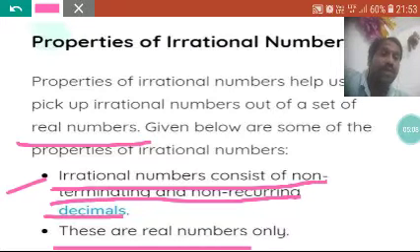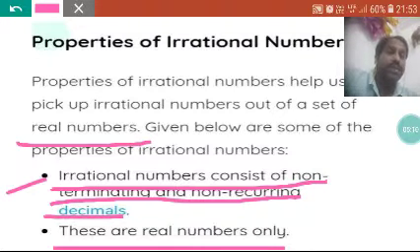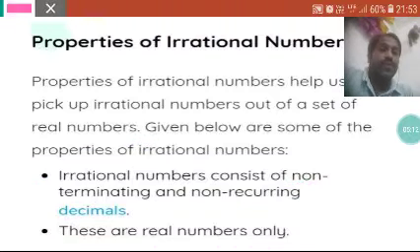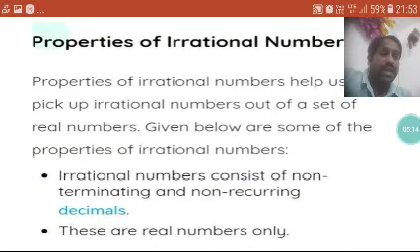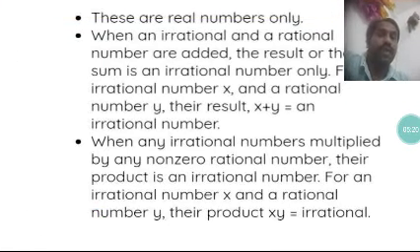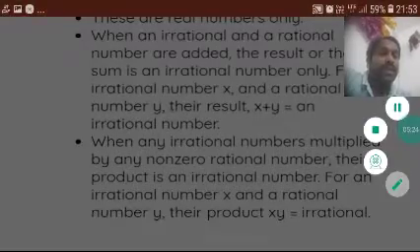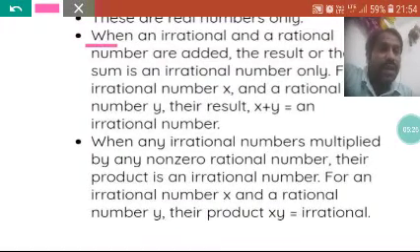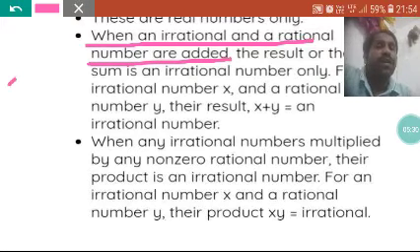These are real numbers only. So the first two properties are very clear. They can neither terminate nor repeat a set of numbers, so they are not recurring also. One more thing: when an irrational and a rational number are added, the result is always irrational.